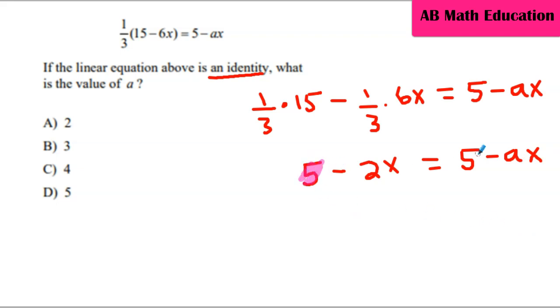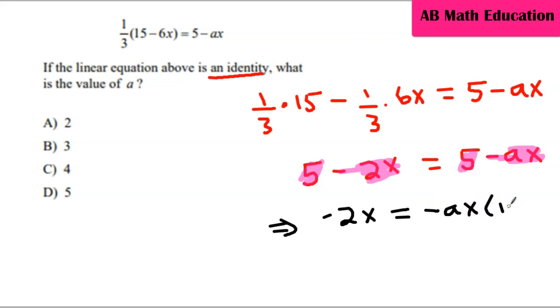Here we could see that 5 is equal to 5 on the other side, and therefore for the equation to be an identity, which will make it valid, which will make it true, then the negative 2x must also be equal to negative ax, and from there we can solve for a. So let's go ahead and set that negative 2x must be equal to negative ax.